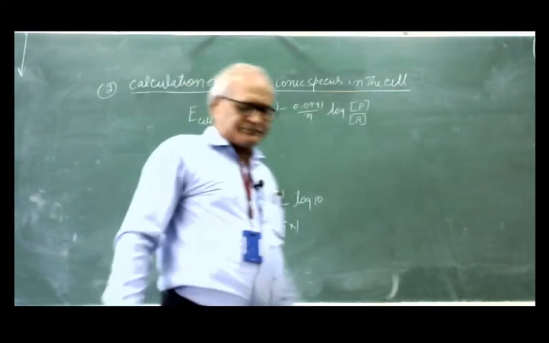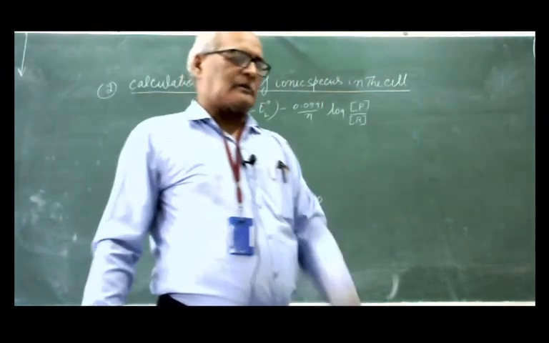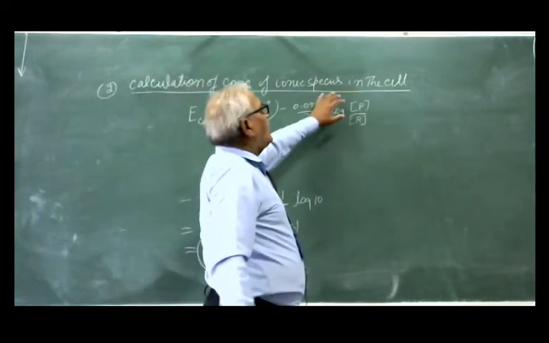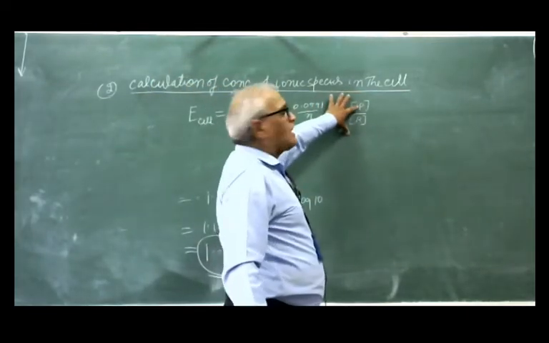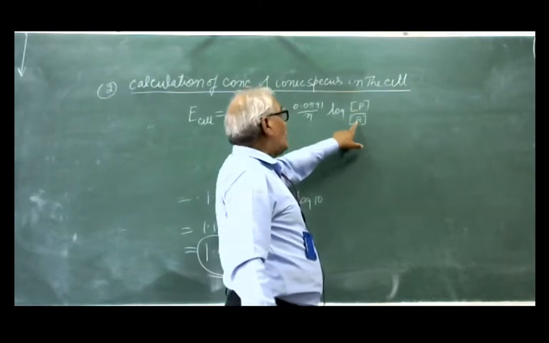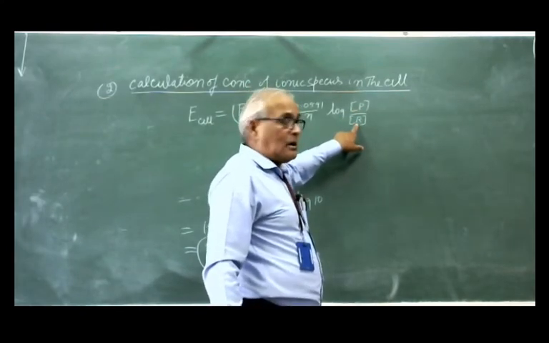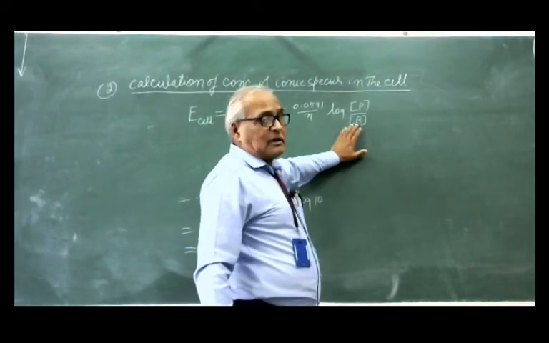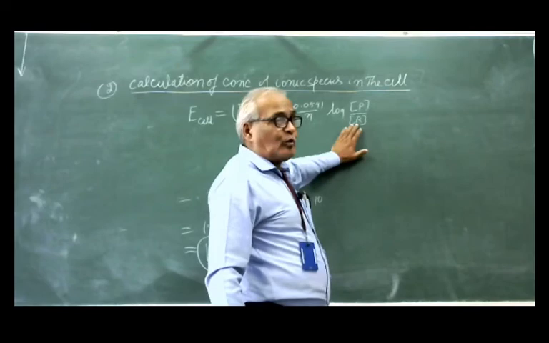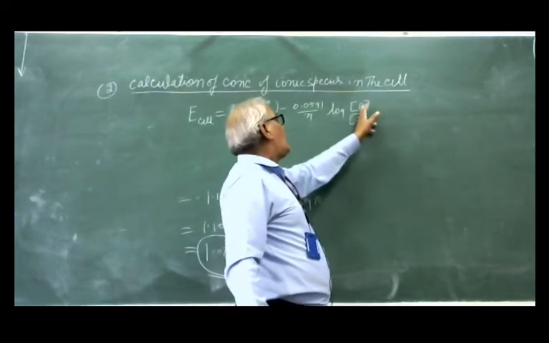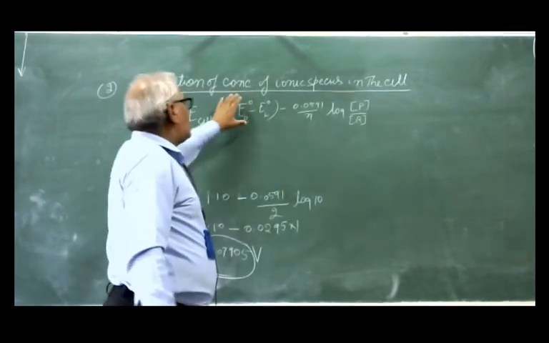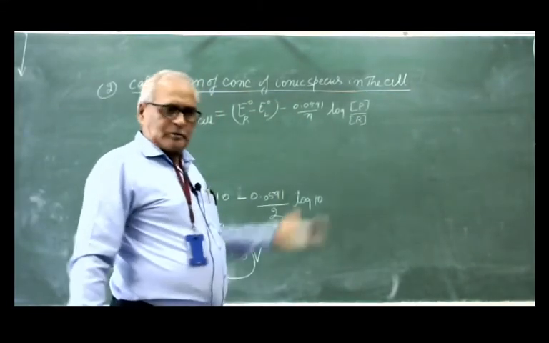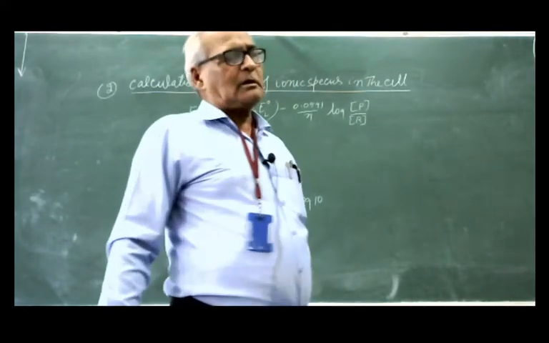This is the Nernst equation. Now, if the concentration of the ionic species of the product is known, we can calculate the concentration of the reactant. If the concentration of ionic species of the reactant is known, we can calculate the product. If one value is known, the other can be calculated.